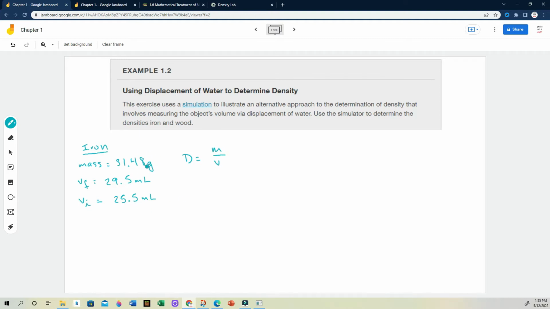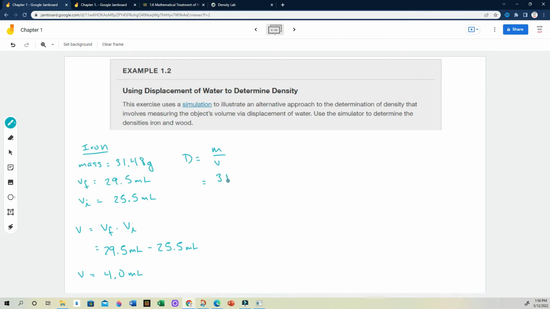Well, we have the mass, that's pretty straightforward, but our volume is not 25.5 or 29.5, but the difference between those volumes. So the volume of our iron bar is going to be our final volume minus our initial volume, and that is simply 29.5 milliliters minus 25.5 milliliters. So our volume of our iron is 4.0 milliliters.